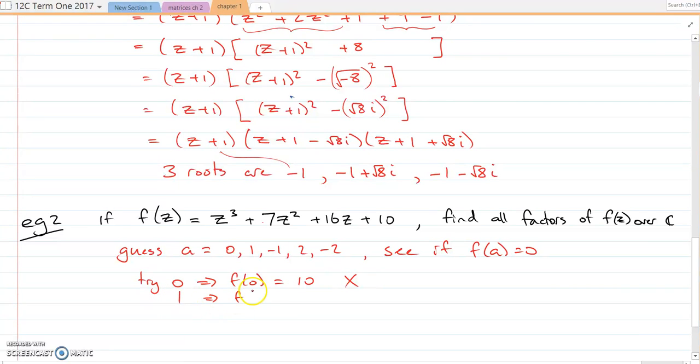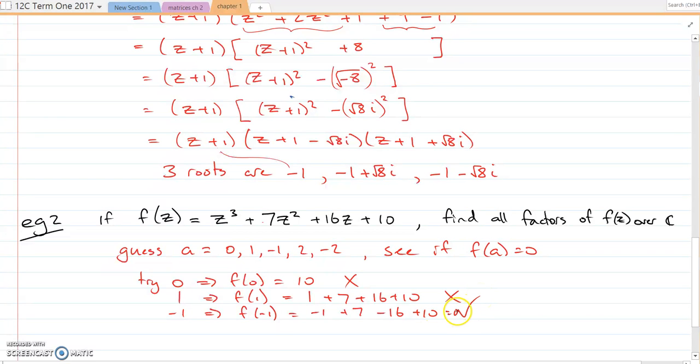We're going to get f of 1 equals 1 plus 7 plus 16 plus 10. No, that's not 0. Let's try negative 1. F of negative 1: up here we got negative 1 cubed, negative 1, 7 times negative 1 squared, that's plus 7, 16 times negative 1 is negative 16 and a 10, and bam, they all add up to 0.